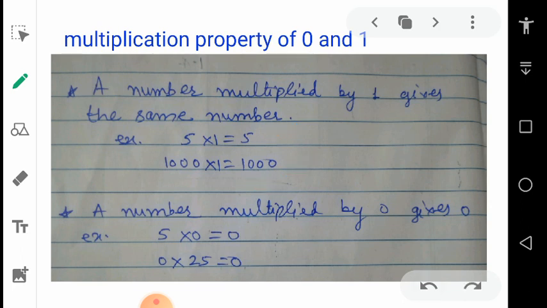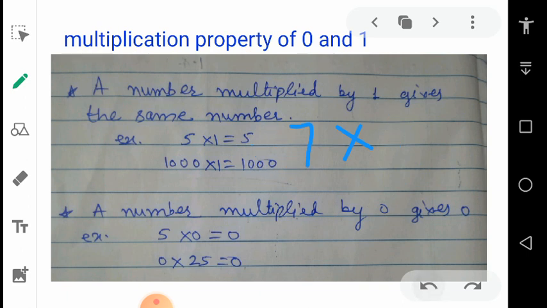Similarly, if any number is multiplied by 1, we get the same number. For example, 7 1s are 7. Again, if it is 17, then 17 1s are again 17. Suppose it is 117 and we multiply this by 1, we get the same number, that is 117. So when we multiply any number with 1, we get the same number.